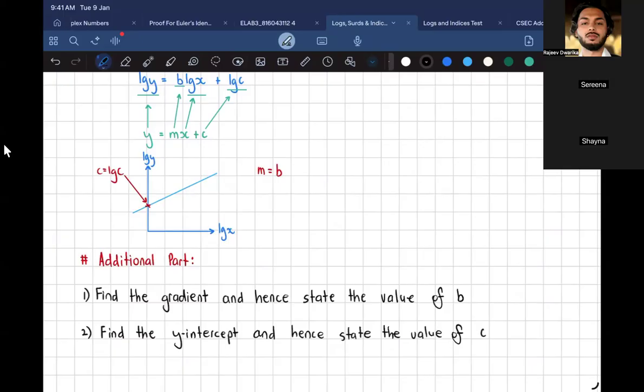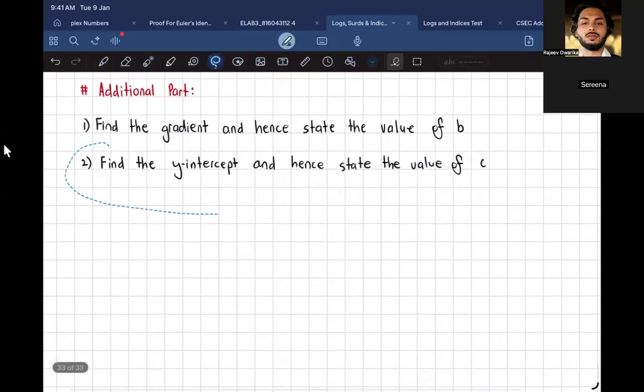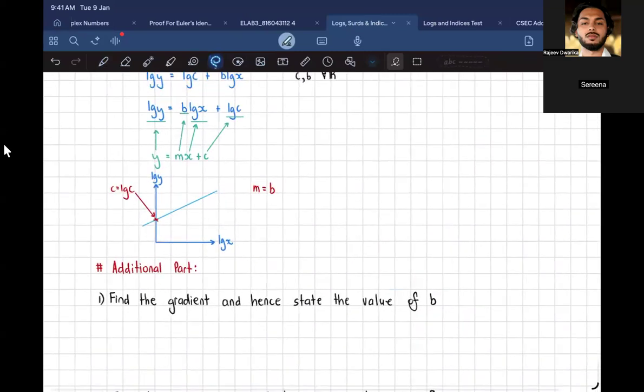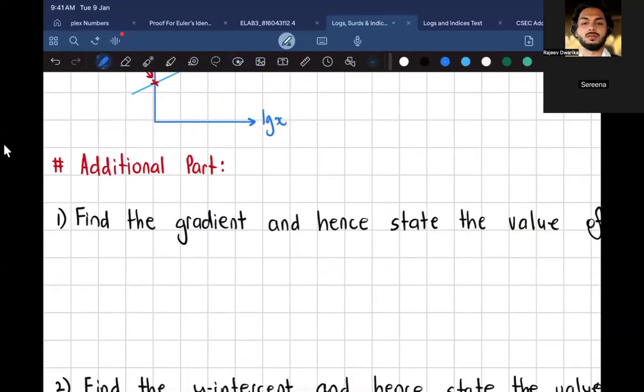Serena, I want you to help me with the first part. They want us to find the gradient and hence state the value of b. You know how you would find the gradient? After plotting the graph, you would just take two points and find the gradient. Yes, sir. Nice. This is kind of hard because we don't have any values to work with, but we could just assume that the gradient was equal to 2.